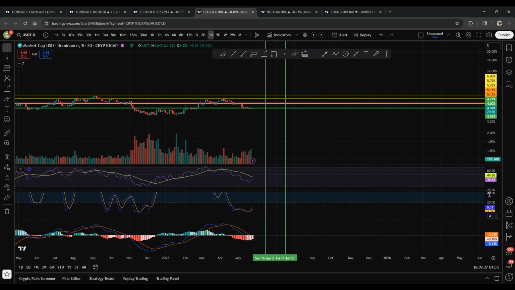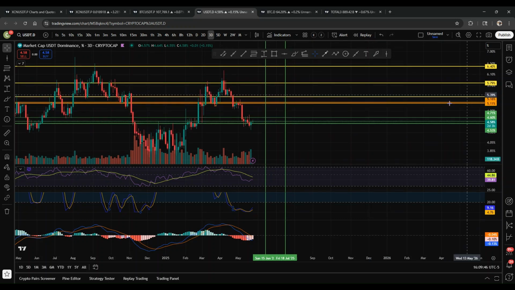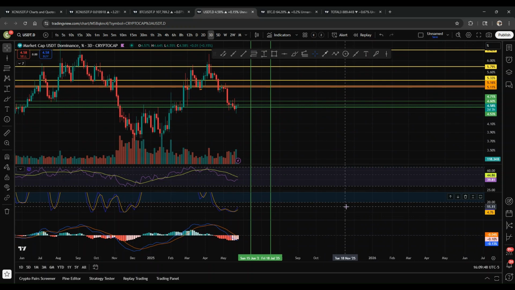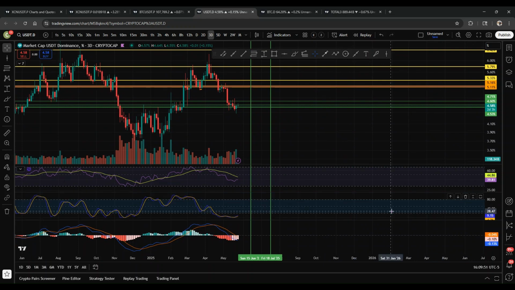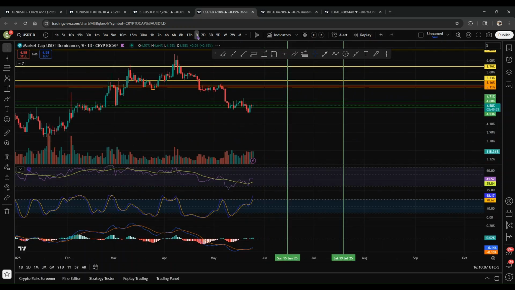So see this stochastic RSI is way too oversold, and that's why we can see like market is being red. And this looks like if we do not close above these levels, this resistance point, then we are good. We are most likely going to be making another divergence.